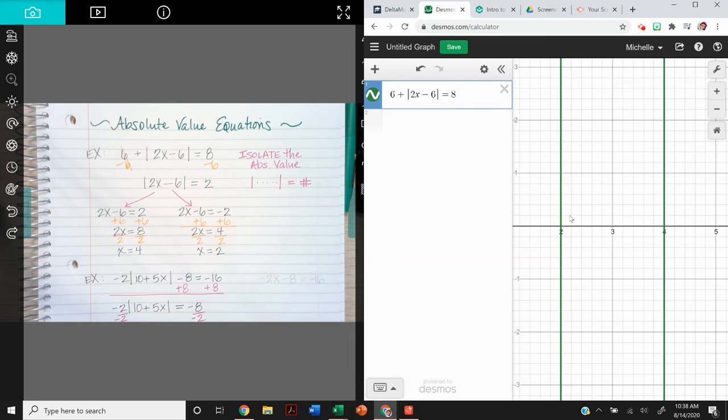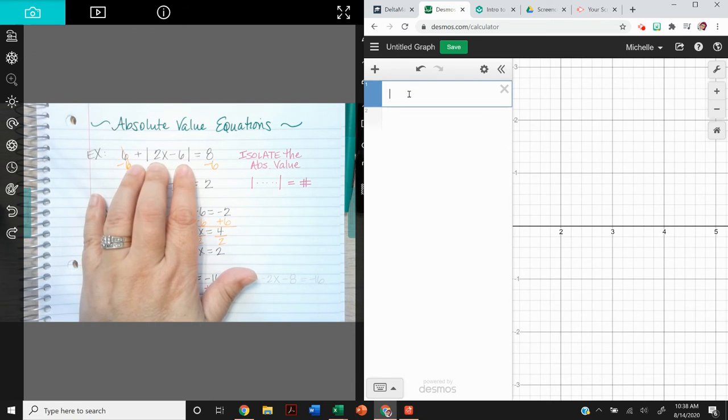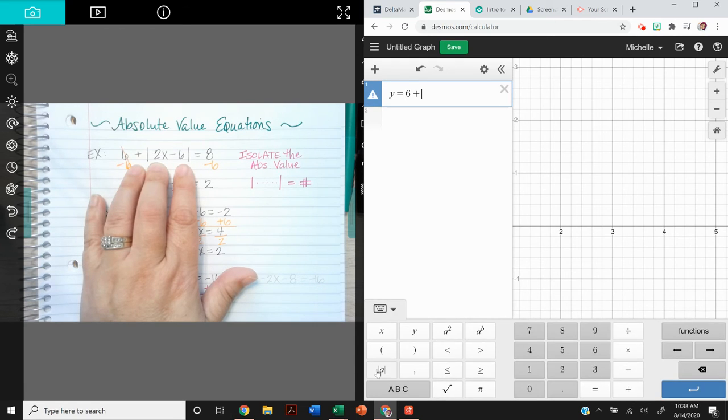Now, the other way you could type it in is to type in the left side and the right-hand side. So this is my left-hand side, and I'm going to put y equals. So y equals, and I need absolute value. Oh no, I need 6 first, plus absolute value 2x minus 6 absolute value.